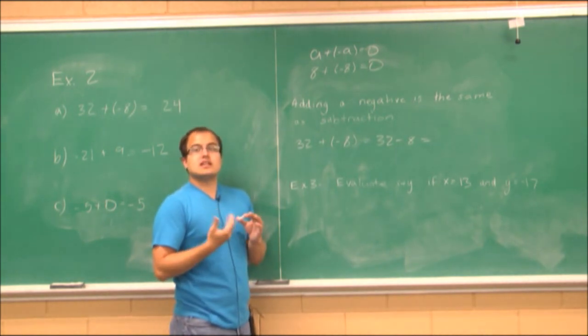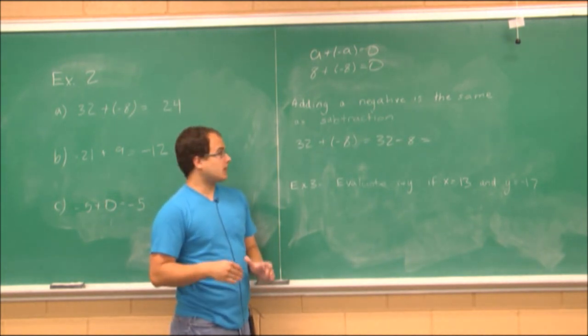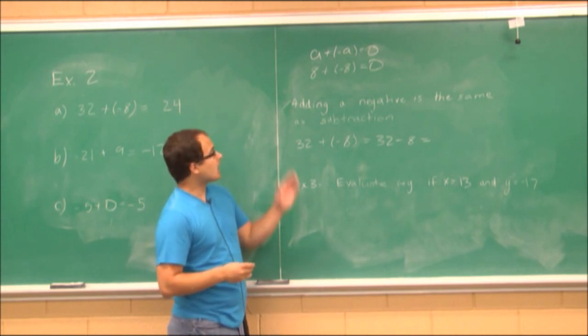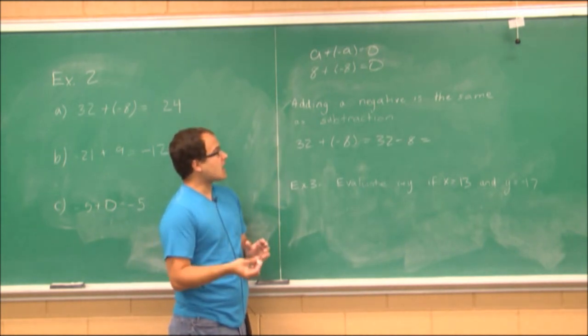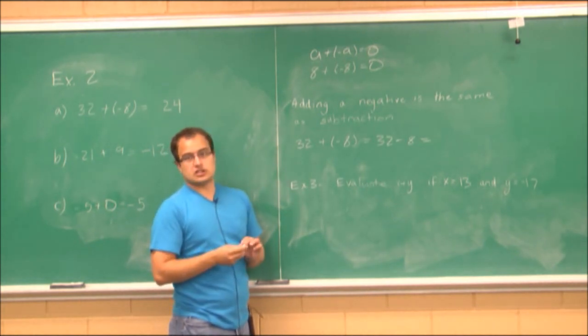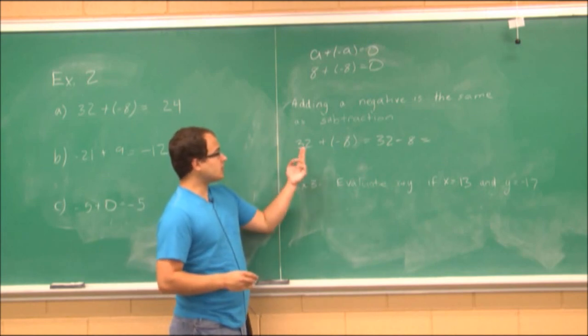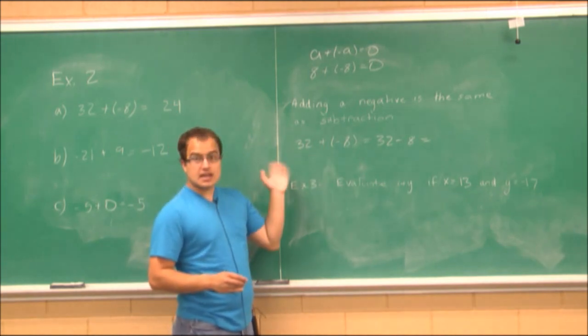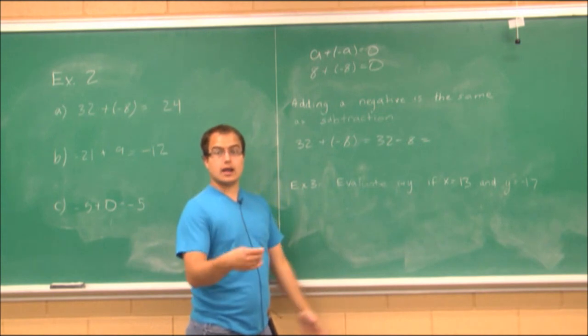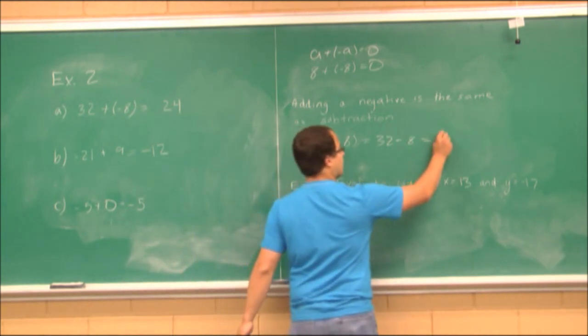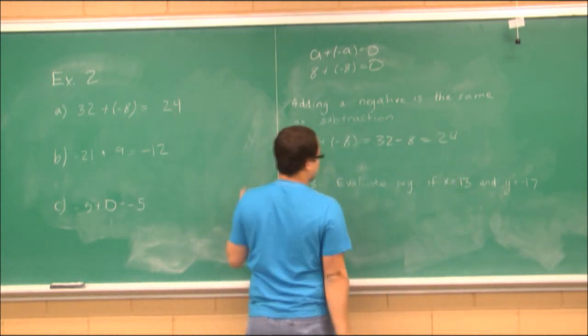Now, I do this slightly different than your instructor will do it, but it turns out the same. Adding a negative is the same as subtraction. So 32 plus negative 8 is the same as just 32 minus 8, which is 24. Same answer that we got over here.